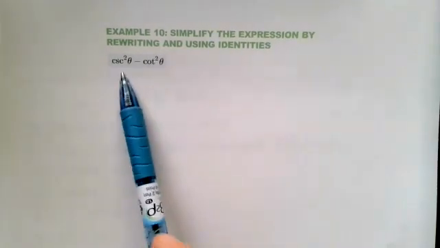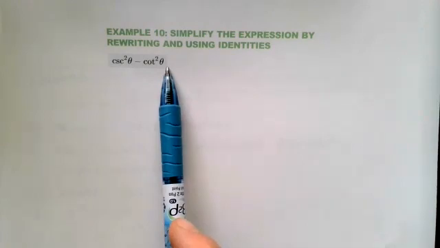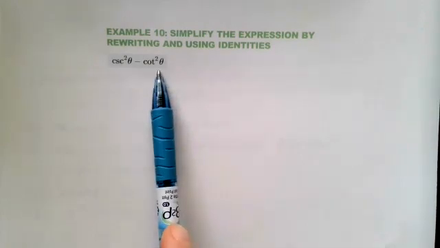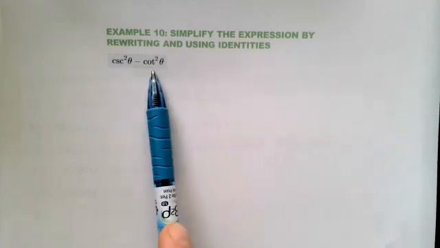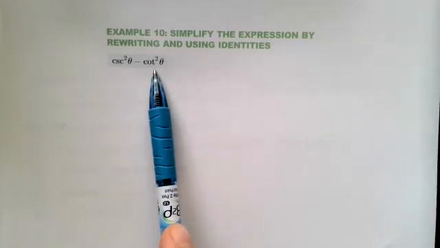And let's take a look at this example together. Now, this one, honestly, it's a little bit misleading because we are talking about difference of squares, and this is obviously the difference of squares. So to be honest with you, the first time I saw it, I jumped on the difference of squares right away. But as it turned out, you can do it that way, but it's not the most efficient way.